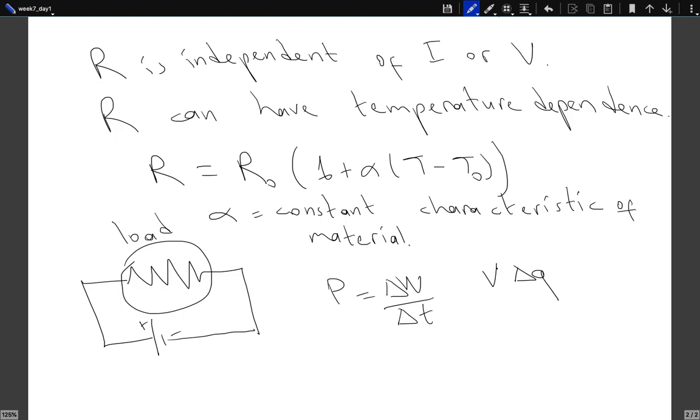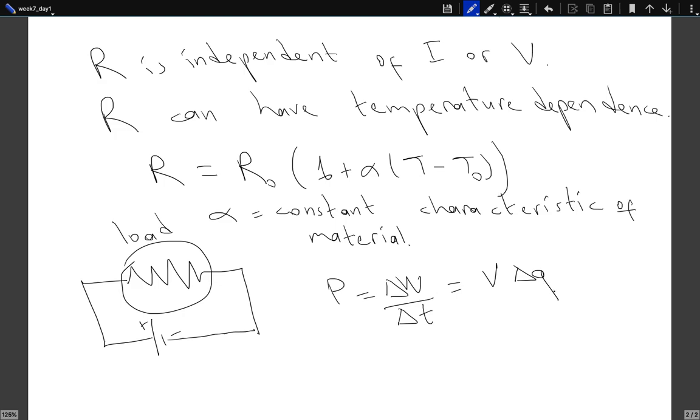V times delta Q. Because when we define the potential, basically we said that V times Q is the change in the potential energy of the system as you move one of the charges Q from one point to the other point. That potential change is created by the work done by the external means. In this case, it is the battery. So if we move a total charge delta Q across a potential V, this is how much work we do.